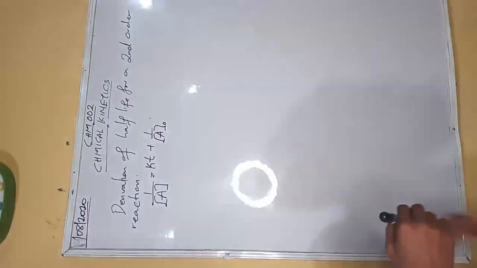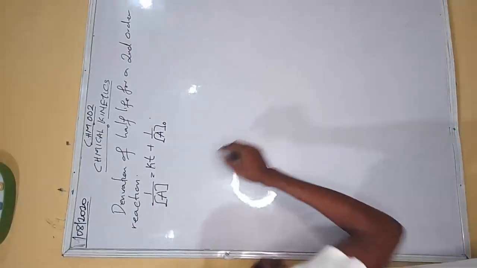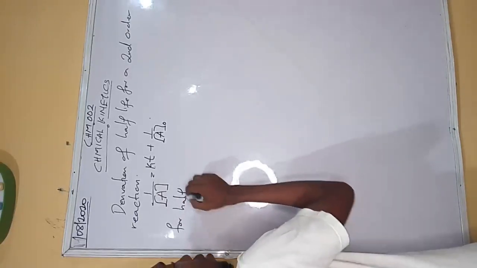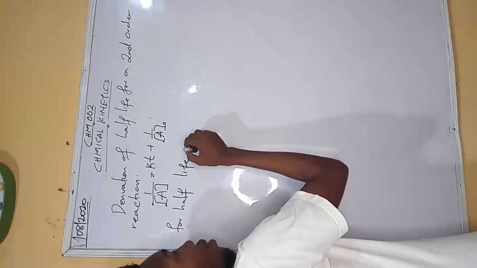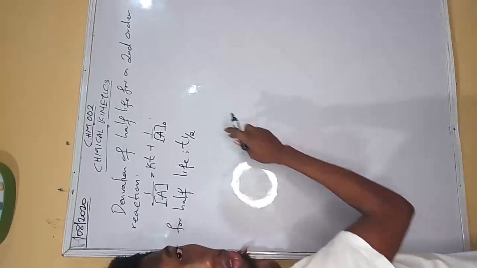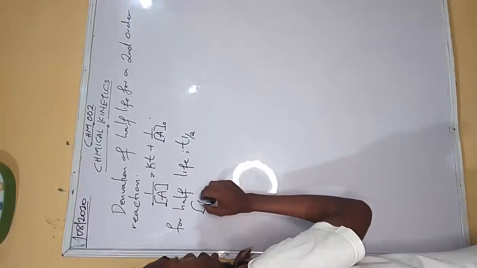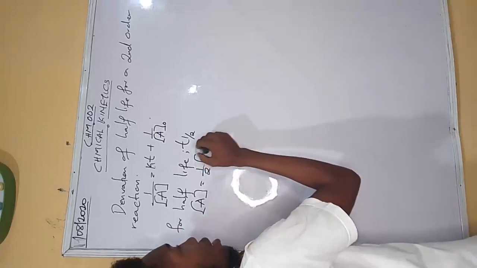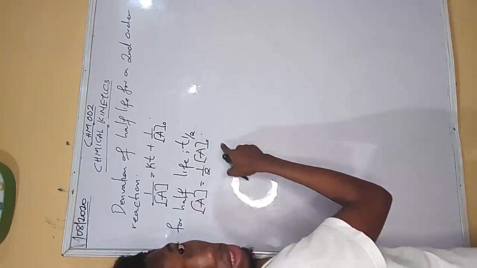Well, to do this, we say that for half-life, which I'll call t-half, we know that our final concentration, [A], should be equal to 1/2 the initial concentration, which is [A]0.